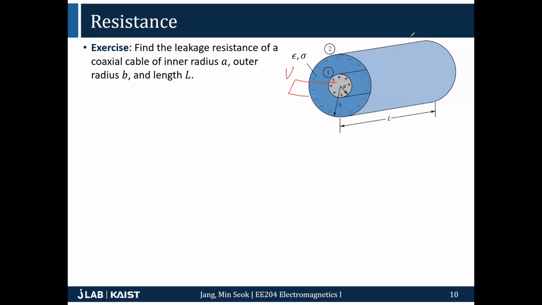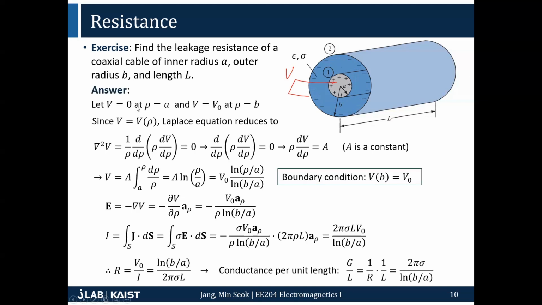So here, the way you solve this problem is this: you first set zero potential at one cylinder, and then potential V naught at the outer cylinder.